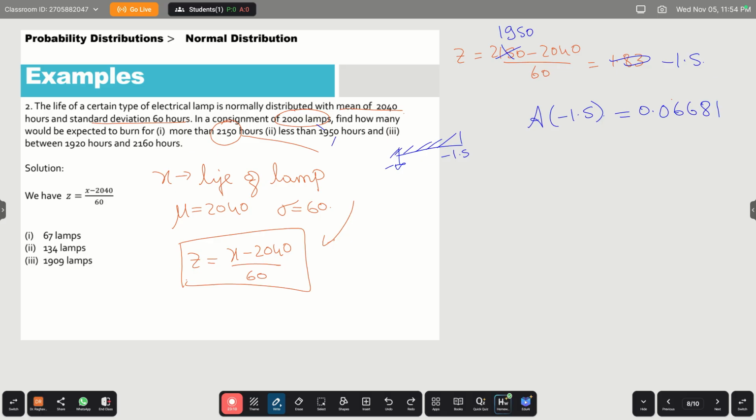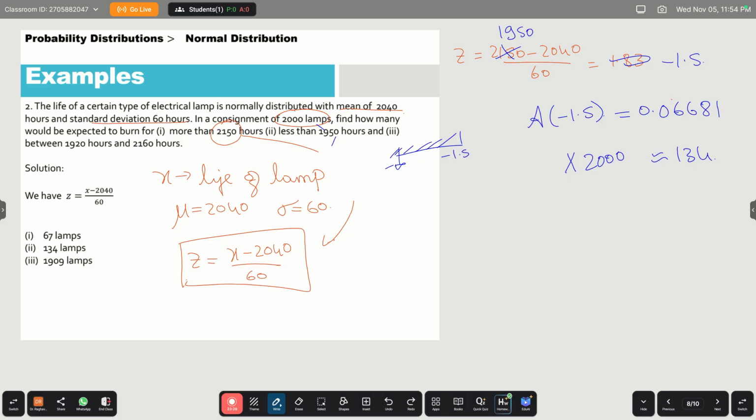Okay, so 0.06681, and we are multiplying this with 2000 lamps, and approximately you will have 134 lamps of this kind. Okay, so now the last question is between 1920 and 2160.